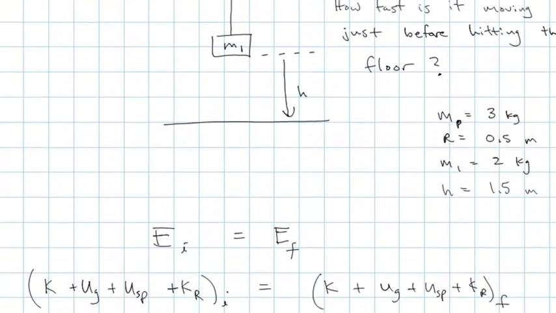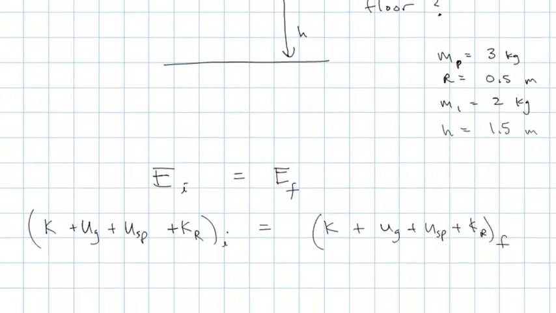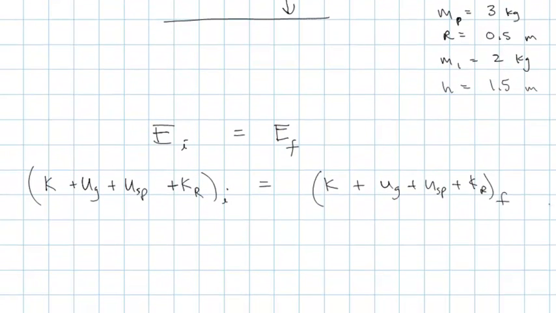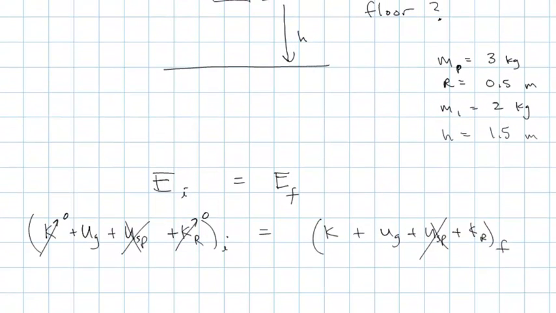We have two objects here, but nothing is moving or rotating at the beginning. So there are no energies associated with those. There's no kinetic energy. There are no springs in my system. I can just cross those out. So initially, all the energy of the system is gravitational potential energy in M1.